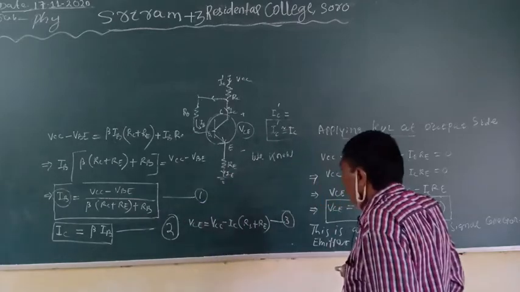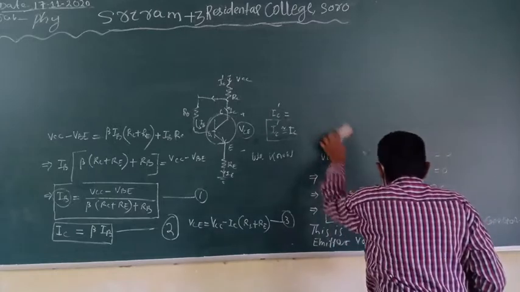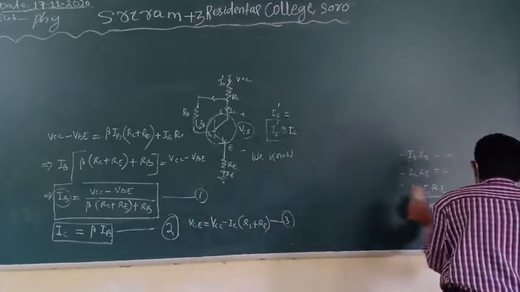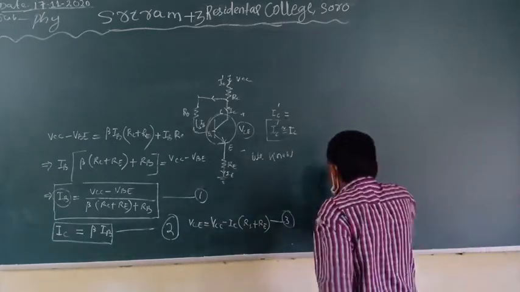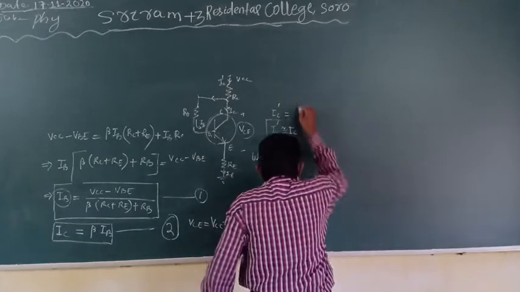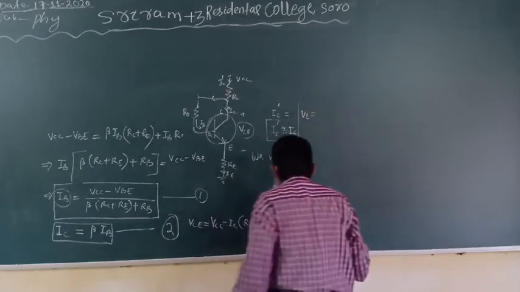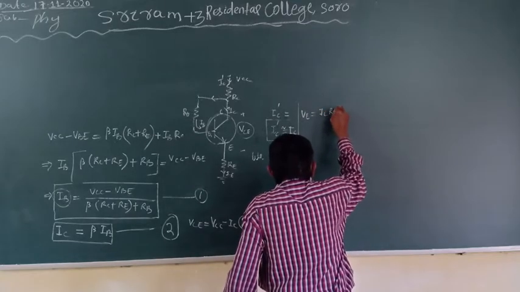Now again we analyze the voltage at point A, the collector. Now voltage VE equal to IC RE.